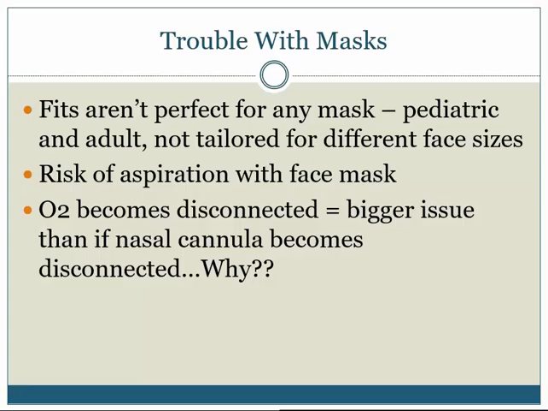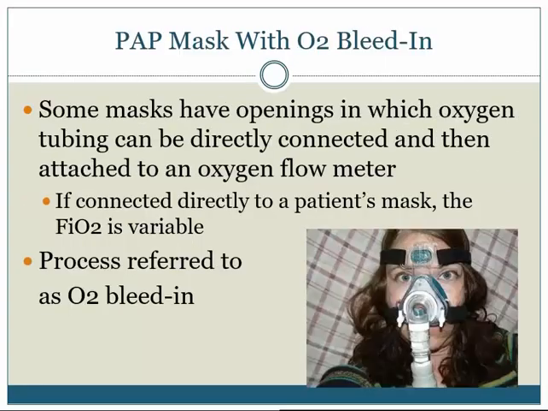Do you know why? They're going to be rebreathing all their own CO2, and we're going to do a lot more harm than good in that scenario. Versus a nasal cannula, they naturally can just breathe around it. It's not really obstructing their breathing in any way. Does that make sense?